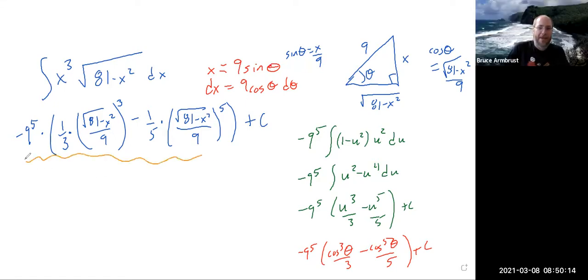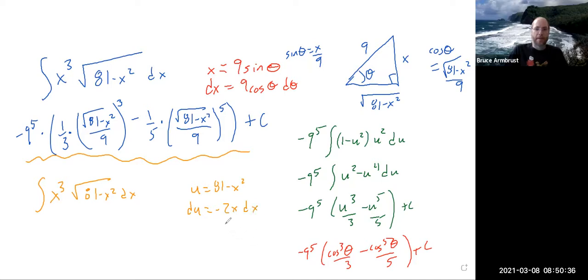So check this out. We could have done this all without doing trig sub. We could have started originally, let me rewrite it down here, with just u equals 81 minus x squared. Because du then is minus 2x dx, so we can reserve one of these x's for that minus sign.